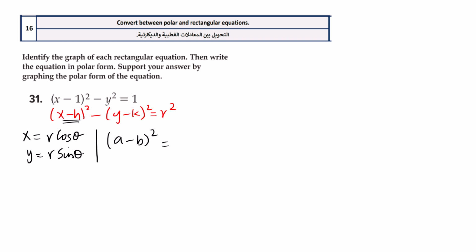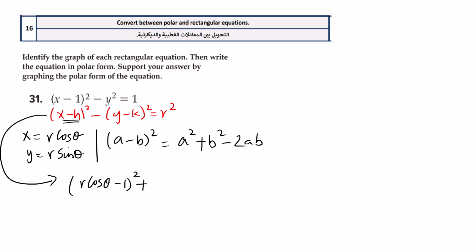So a minus b whole square is a square plus b square minus 2ab. This I'm going to use. I will also use a little bit of trigonometry. So let's simplify and see what we get. So here it is r cos theta minus 1 whole square minus r sin theta whole square equal to 1.